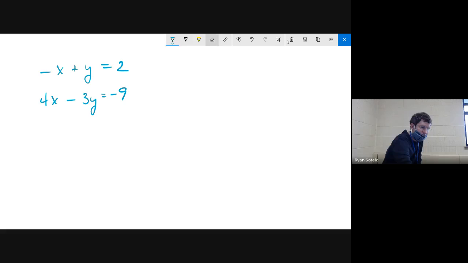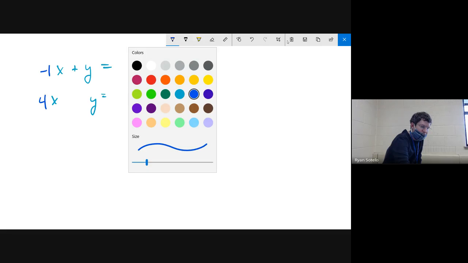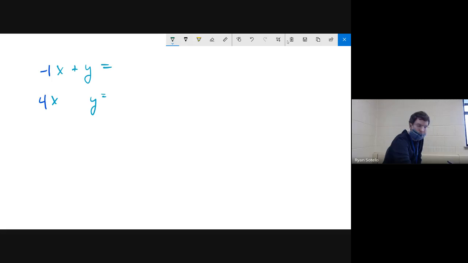Actually, I'm going to write these in different colors. I will do blue. I will do red, or I'll do green. And I will do red. I'm going to make 3 matrices.